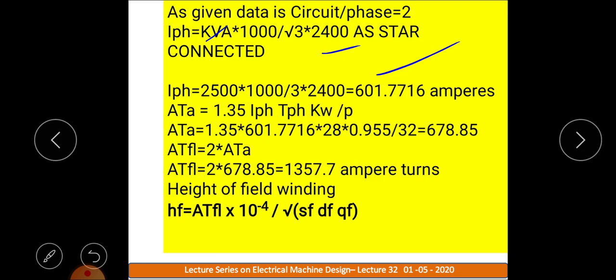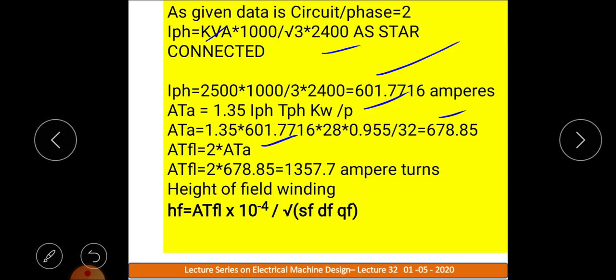Now using these data of TPH and IPH, we are going to calculate armature ampere turns. So substituting all those values, ATA, that is armature ampere turns, we are going to calculate as 678.85. And as per the problem statement, field ampere turns are twice the armature ampere turns.